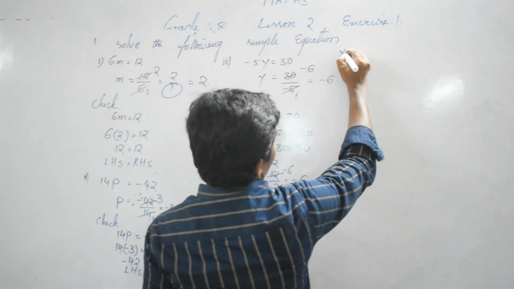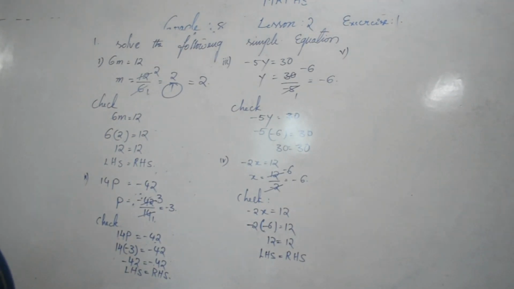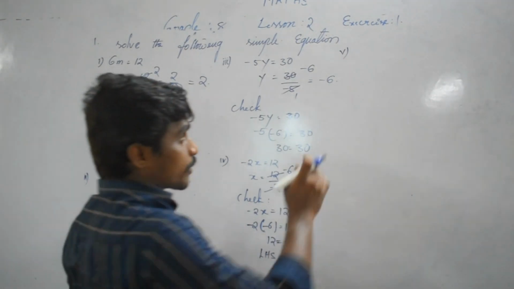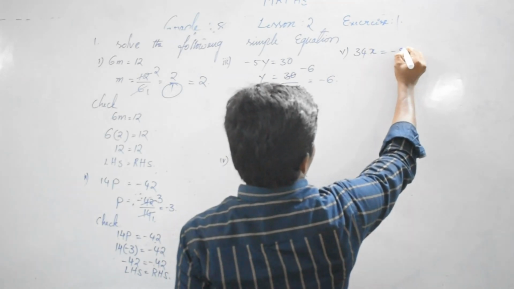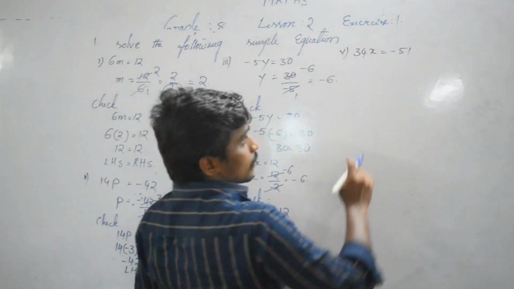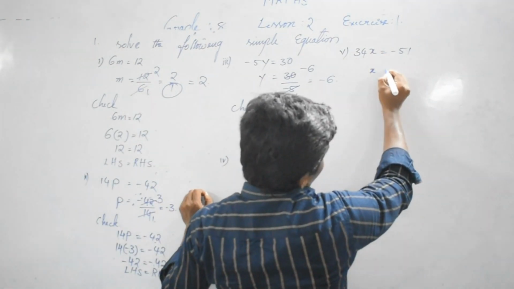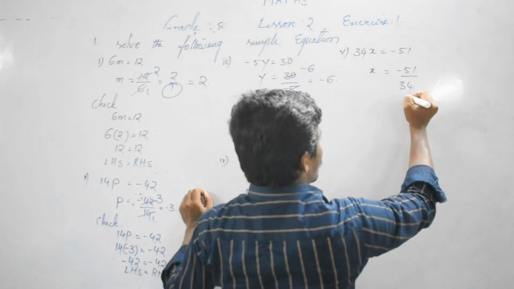Next, fifth one. 34x is equal to minus 51. So x equal to minus 51 by 34.